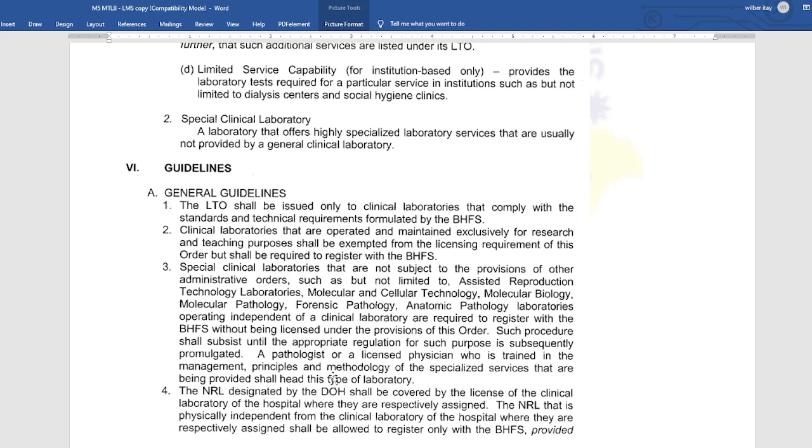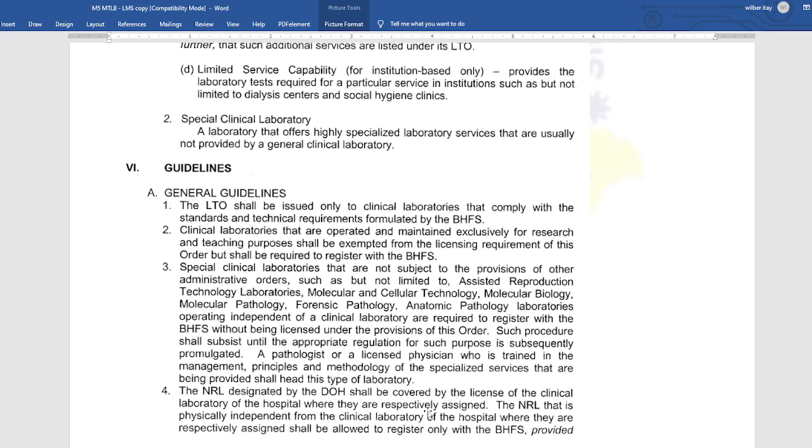So, when we say NRL naman, these are national reference laboratories. They are designated by the DOH, and shall be covered by the license of the clinical laboratory of the hospital where they are respectively assigned. Like for example, si RITM, yung mga ganyan, yung clinical laboratory ng East Avenue for drug testing, those are NRL.